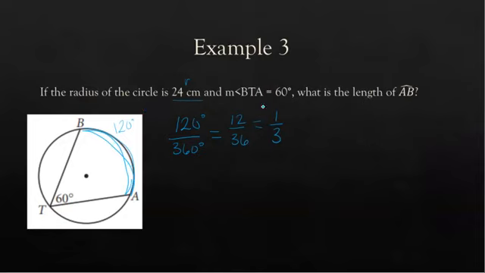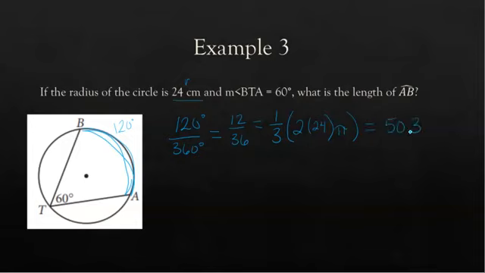We're going to have to do the circumference times 1/3. So I'm going to take my 1/3 and then I'm going to put in the circumference, which would be 2 times 24 times pi. So 48 pi times 1/3 will give me 50.3.